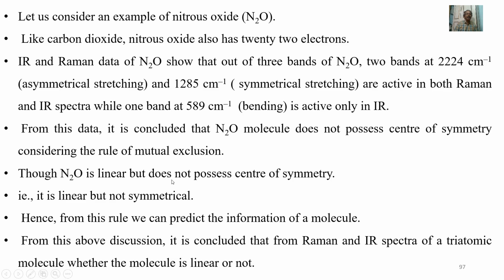IR and Raman data of N2O show that out of 3 bands of N2O, 2 bands, at 2224 per centimeter, which is the asymmetrical stretching, and at 1285 per centimeter, which is the symmetrical stretching, are active in both Raman and IR spectra, while one band at 589 per centimeter, which is the bending mode, is active only in IR.